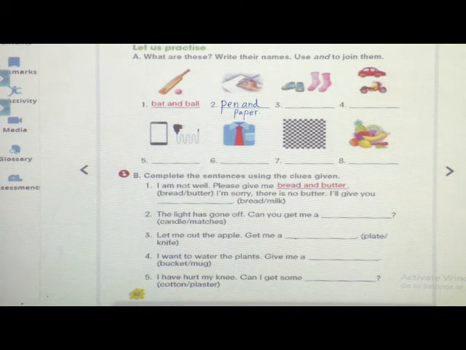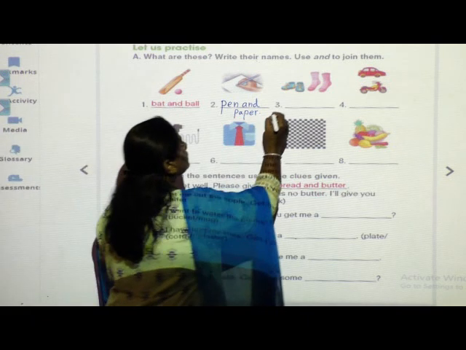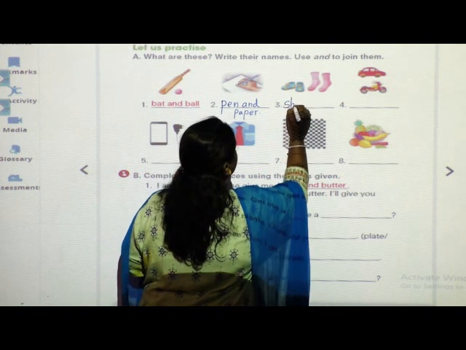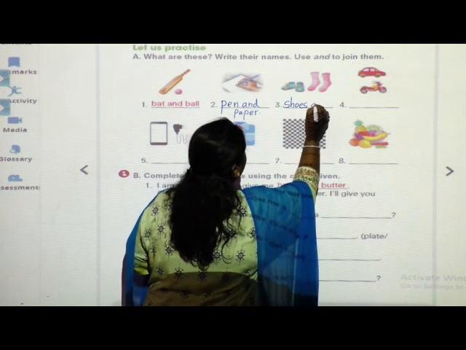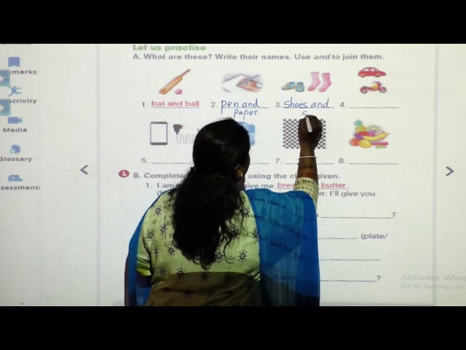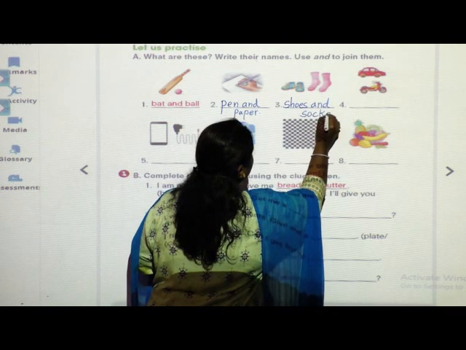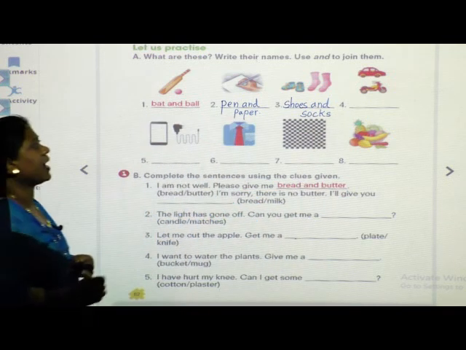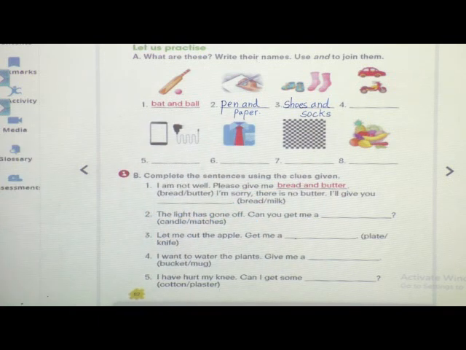You can see shoes and socks. Shoes and socks. So here you have to write shoes and socks. Shoes and socks. Okay, children?